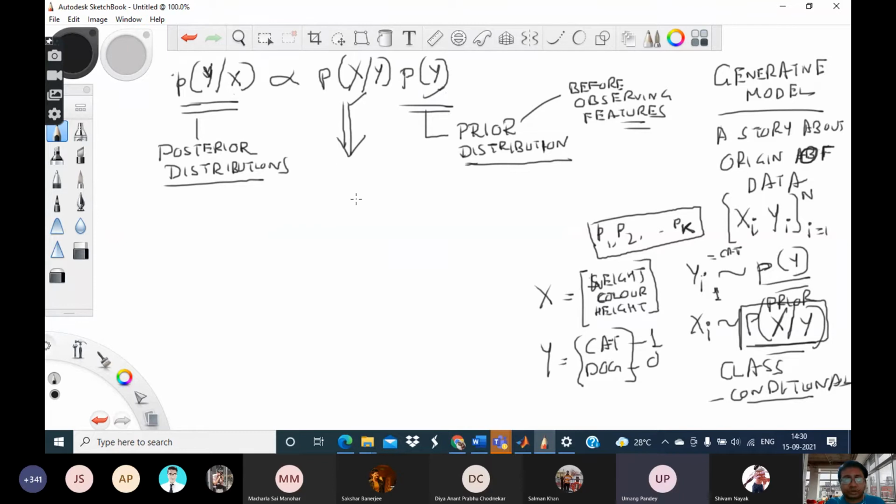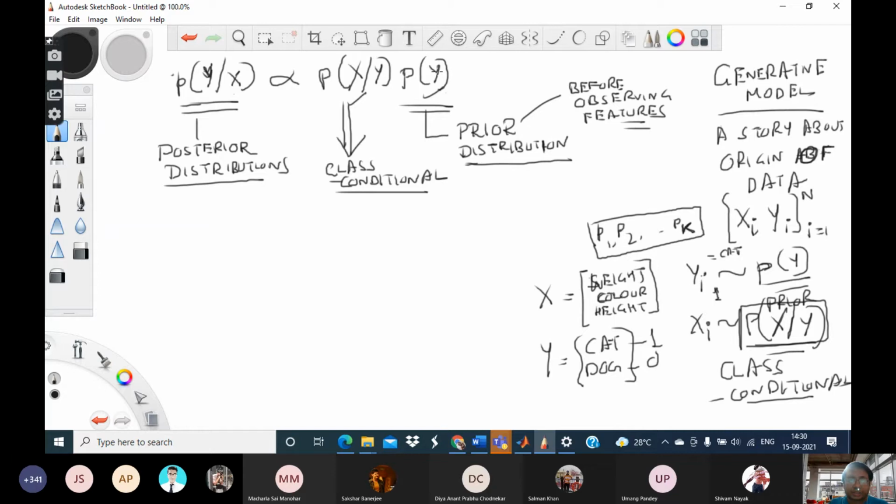So this is called class conditional. Note that while the prior and the posterior are both distributions over y, that is to say, distributions over the label space, this probability of x given y is a distribution over feature space.